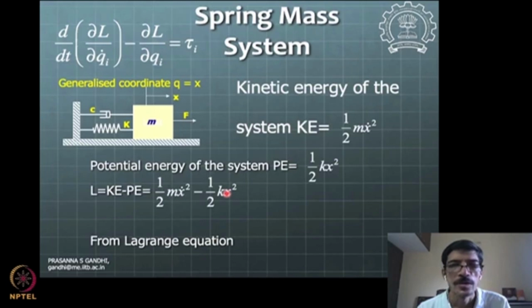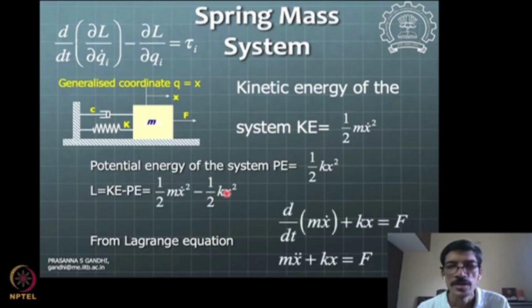After coming back, you will see that this equation is of the sort m x double dot plus kx is equal to F, where this force F is in the direction of generalized coordinate x.